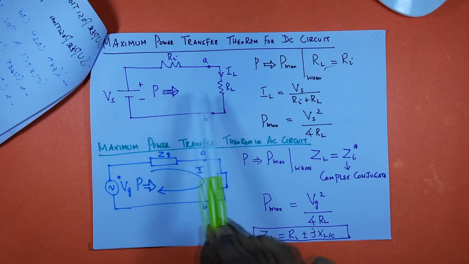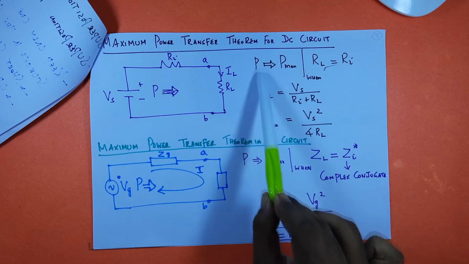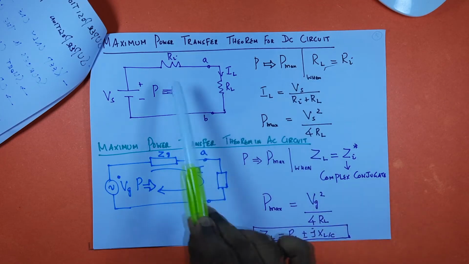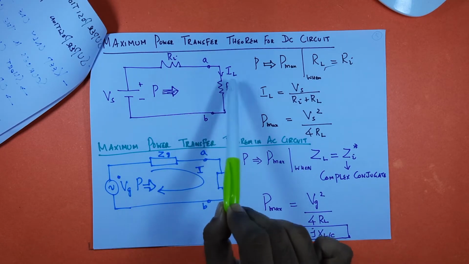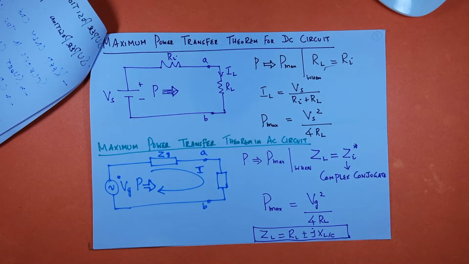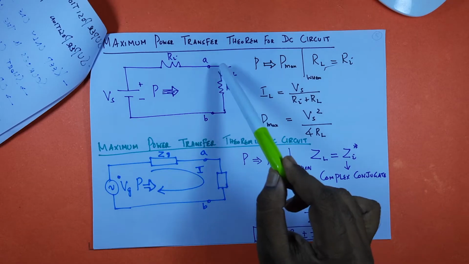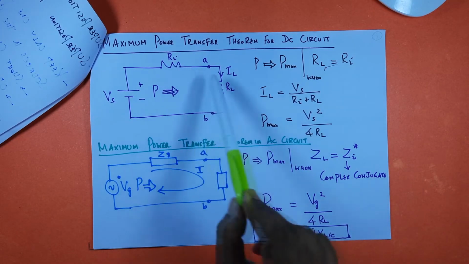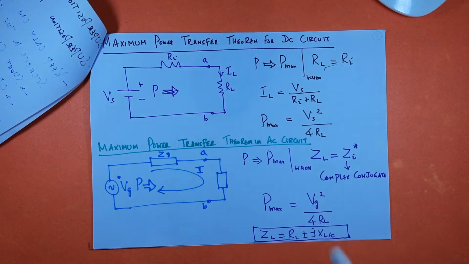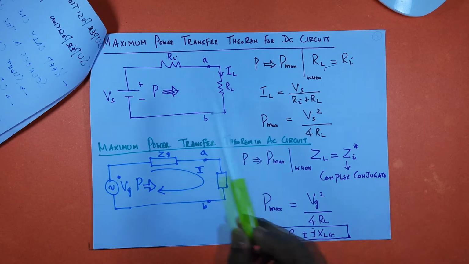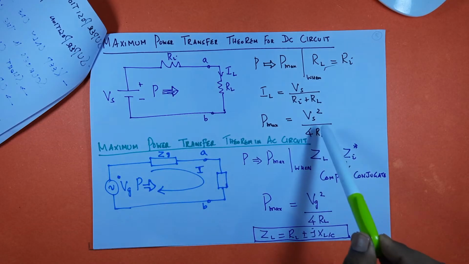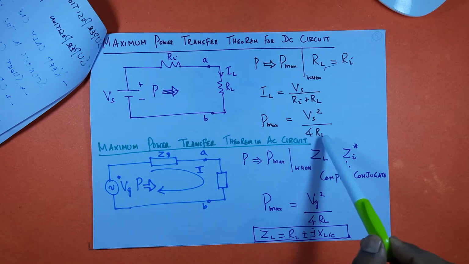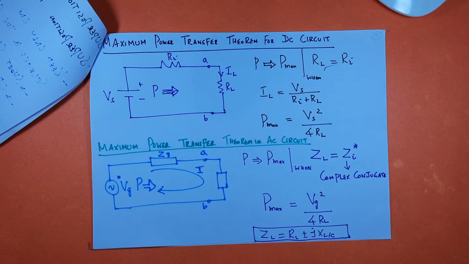Power transferred from source to the load is going to be maximum, P max, when this load resistance equals the internal resistance, RL equal to Ri. This IL, the load current, is nothing but Vs divided by Ri plus RL, and the maximum power transferred from source to load is given by Vs square divided by 4RL.